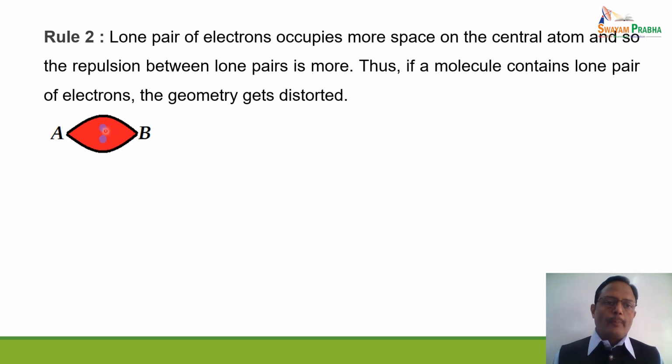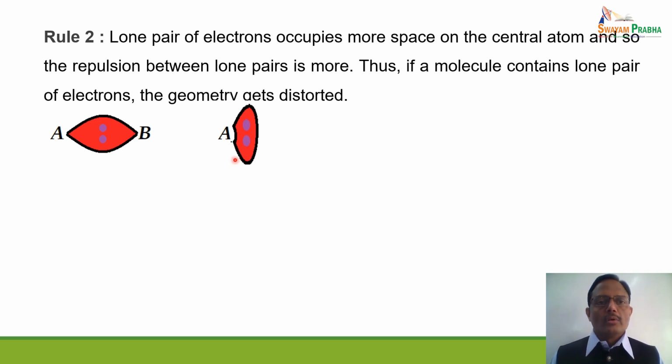And so the space occupied by the electron pair on a particular atom is less. So this electron cloud is distributed between the 2 atoms. But if it is a lone pair, it is a property of a particular atom, and so such a lone pair will occupy more space on that particular atom.